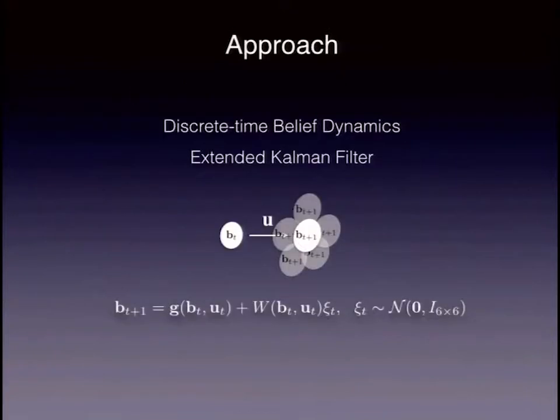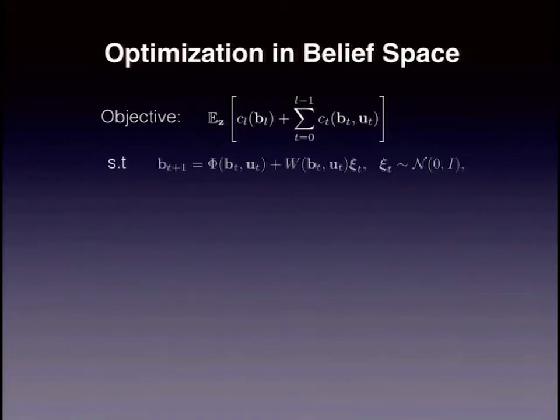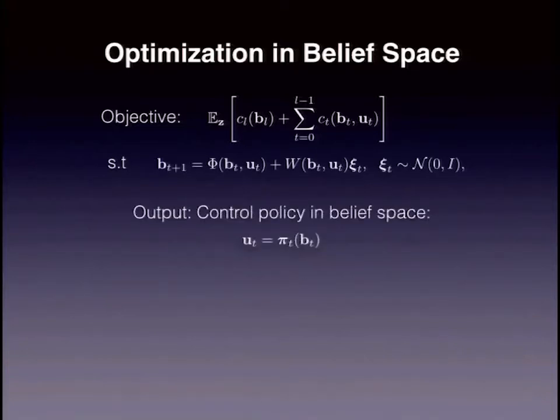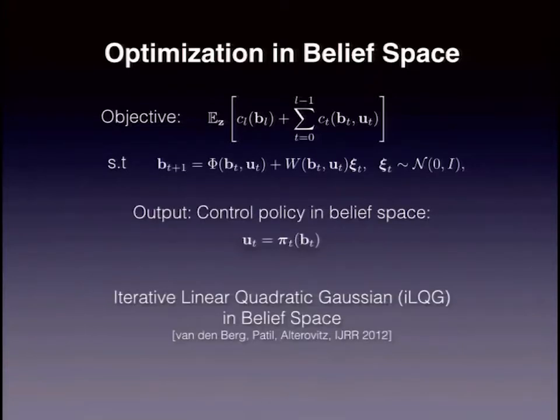The dynamics is modeled using an extended Kalman filter, assuming that the observation is random. And in terms of optimization, we use a belief space variant of iLQG to optimize.